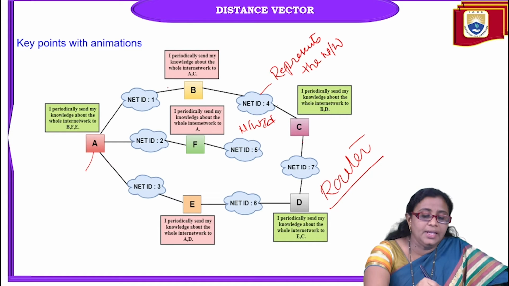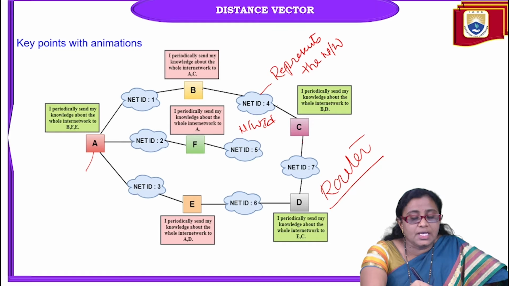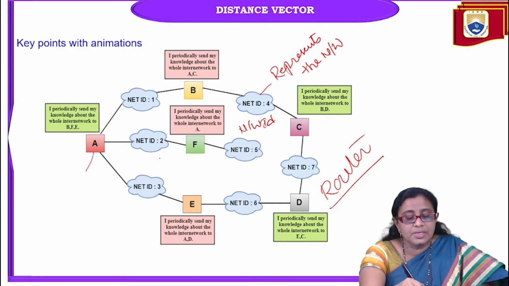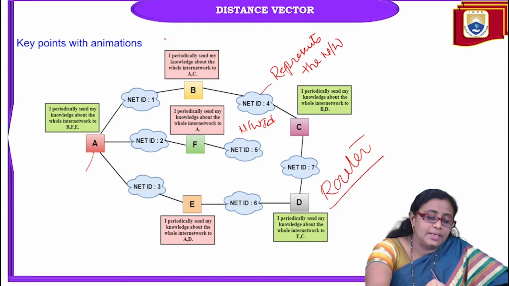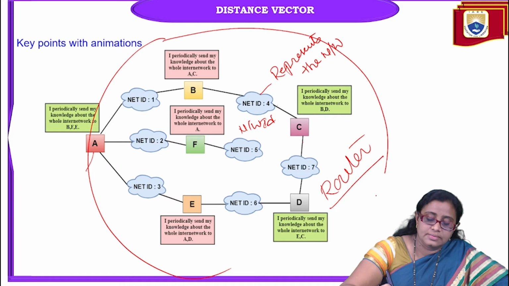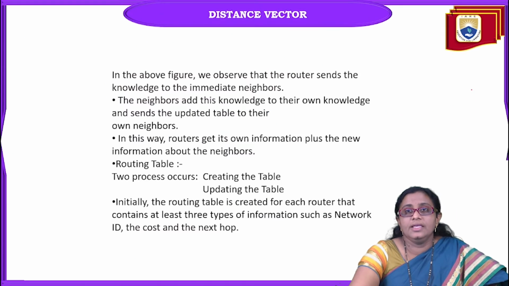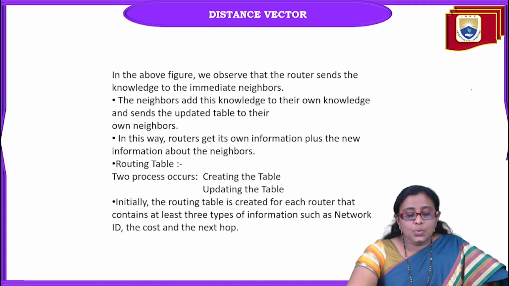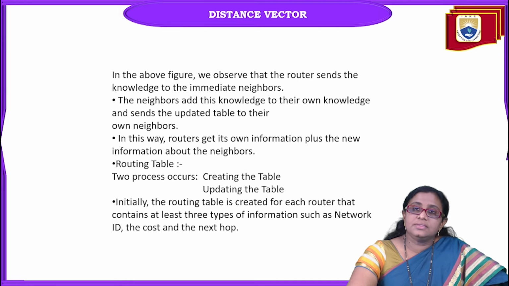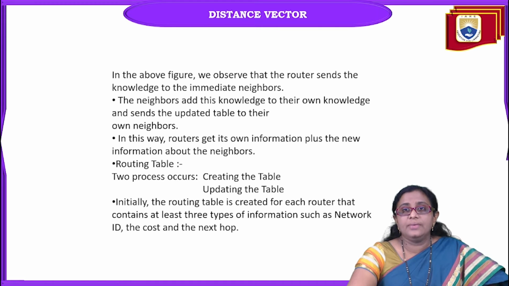Like that, only the neighboring networks can share the information within this total subnet of network. In this way, the router gets its information plus the new information about the neighbors.